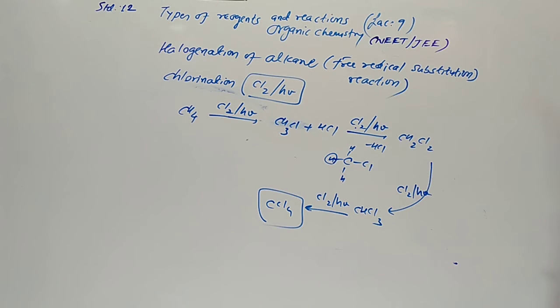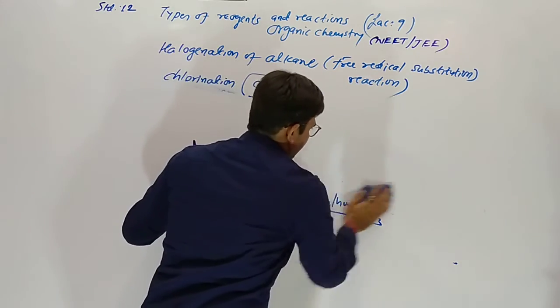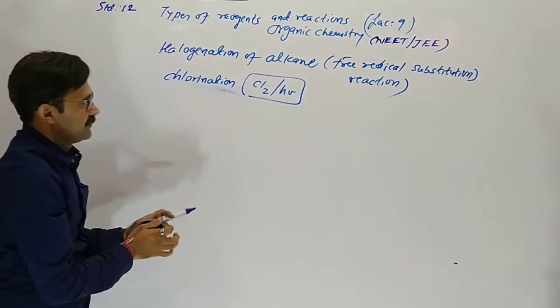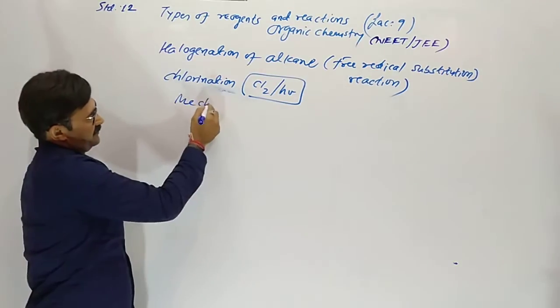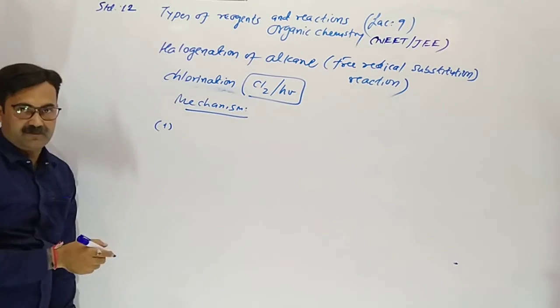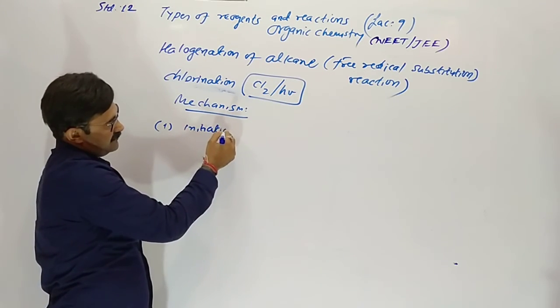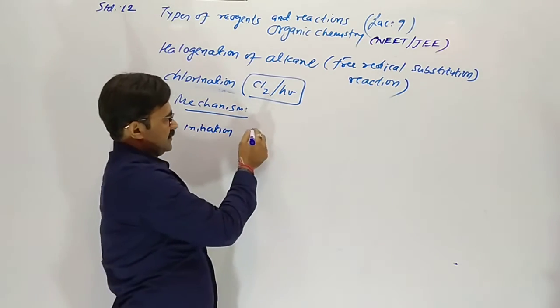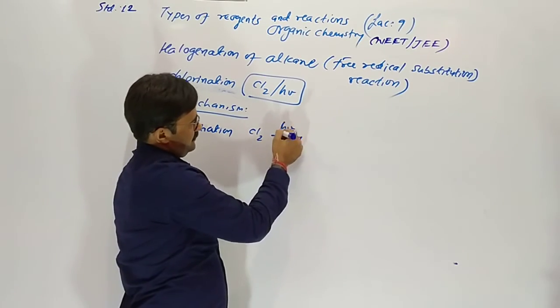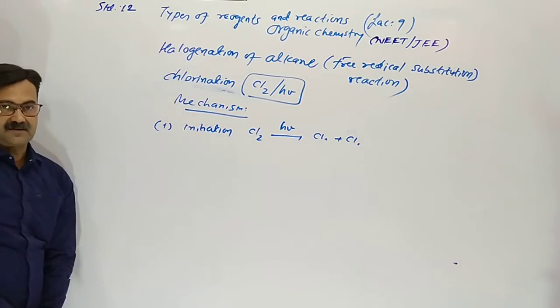The mechanism of this reaction is given in our NCERT book of class 11 science. Mechanism of chlorination. First step, initiation: the chlorine bond breaks and gives free radicals.